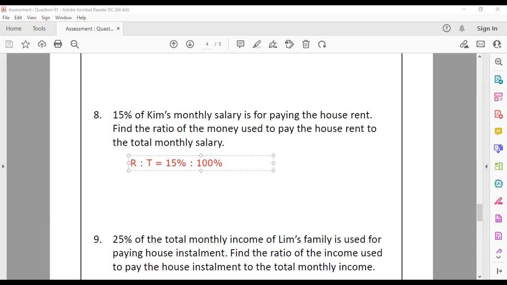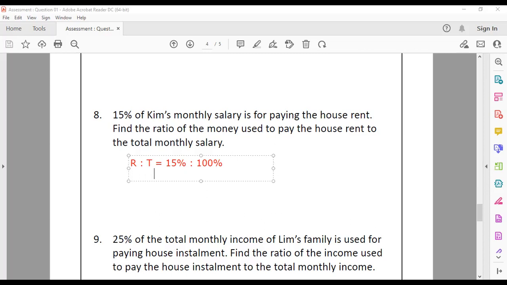So 15% to the total of her monthly salary. That's the ratio that they want. 100% is her monthly salary, and 15% of it she pays for rent. So 15% to 100%. After that, we cancel the percentages off.